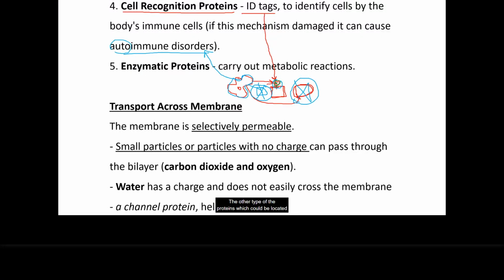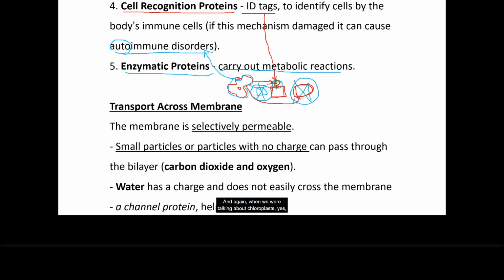The other type of proteins which could be located on the membranes could be enzymatic proteins. All enzymes, or enzymatic proteins, their function is to carry out different chemical reactions. They help to carry out chemical reactions fast.